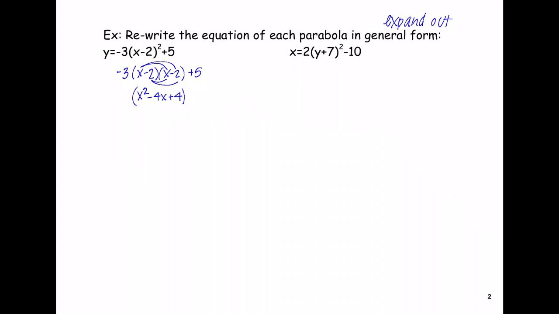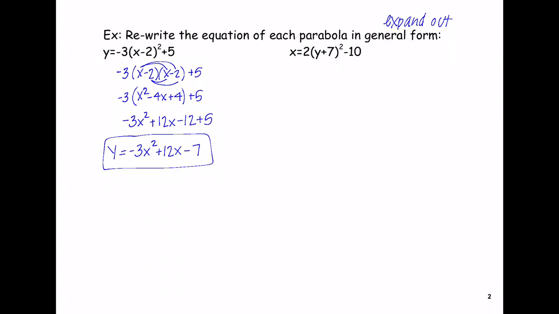That whole quantity is still multiplied by negative 3, following our order of operations: negative 3x squared plus 12x minus 12 plus 5. Combine our like terms, and we get negative 3x squared plus 12x minus 7.